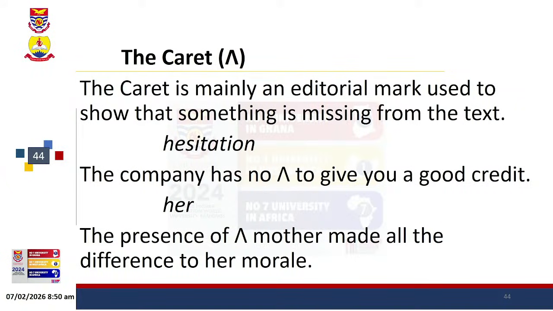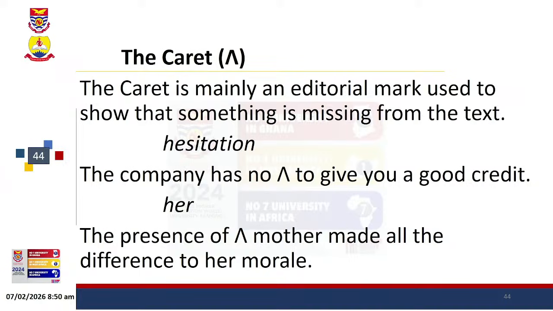Okay? The company has no to give you a good credit. That's what you wrote. Then you don't have any space. So when you read over, you realize that you have left a very important word, which is hesitation. You use a caret to indicate that I missed out this word. So the company has no caret, hesitation, to give you a good credit.